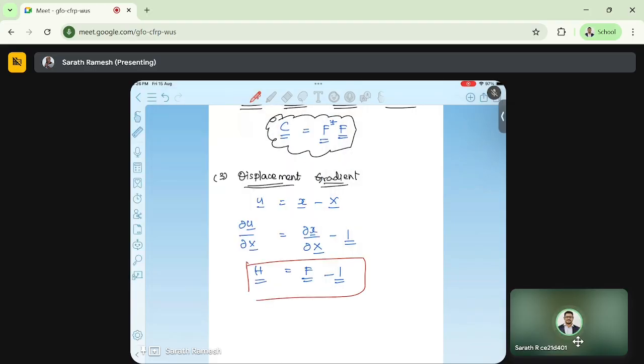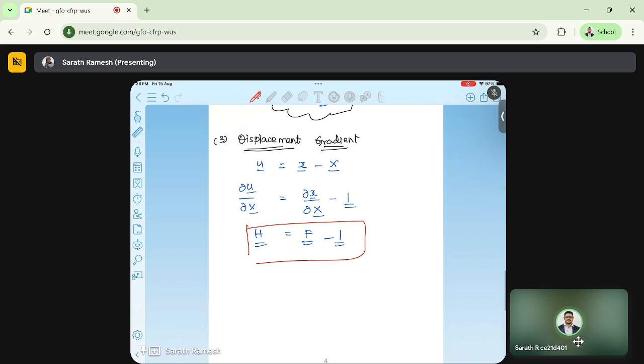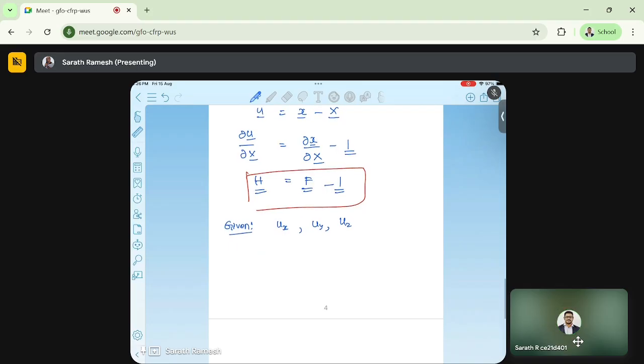The relation between displacement gradient and the deformation gradient. Suppose we are given some displacement field with ux, uy, uz components, then how do we find the displacement gradient? Directly, all 9 components we can represent in the matrix form.